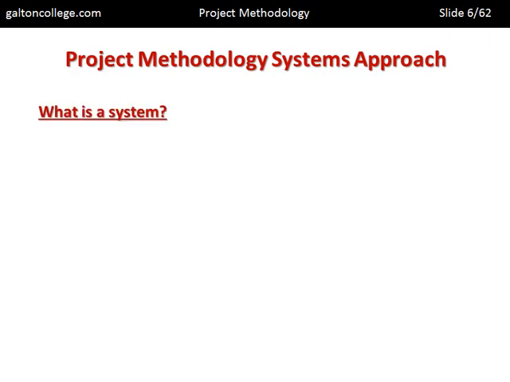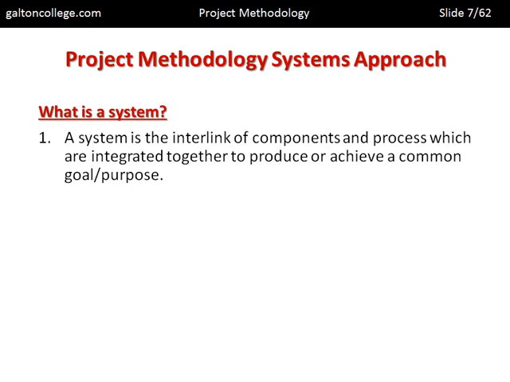So let's start by saying, what is a system? Well, a system is the interlink of components and processes which are integrated together to produce or achieve a common goal or purpose. So we think of individual components, and the individual components themselves may have their own systems. They may be made up of subcomponents. But we think of, let's say, within a company, the production department.